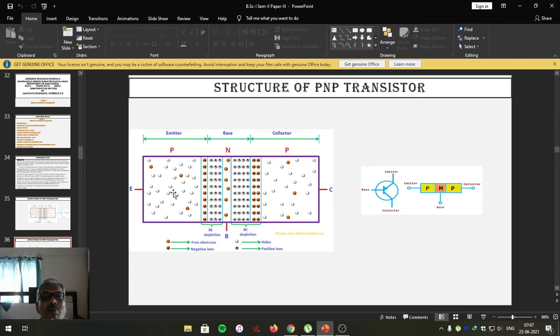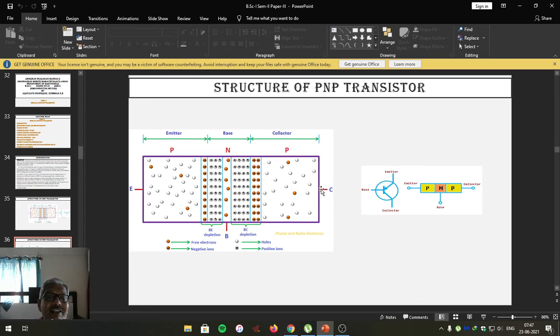Friends, the ohmic contacts are taken from the heavily doped region, the moderately doped region and the base region. The terminal is called an emitter, which is used to emit the charge carriers. Just now we have studied, it emits the holes. Exactly opposite to that, the moderately doped, large area region from which the ohmic contact is taken is called a collector.